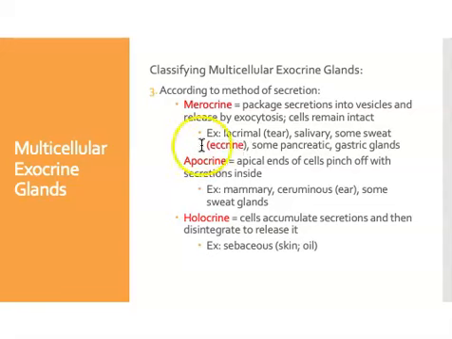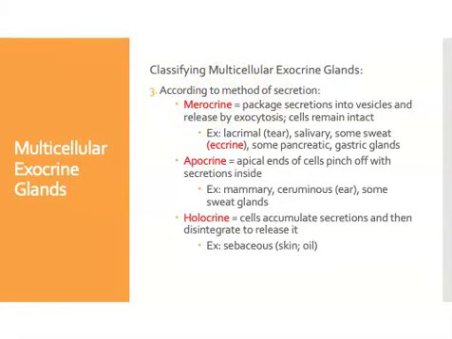But what an eccrine gland is, specifically, is a type of sweat gland that falls into the merocrine group. Let me say that again because that can be confusing. There are sweat glands called eccrine glands. They are the type of sweat gland that falls into the merocrine group.